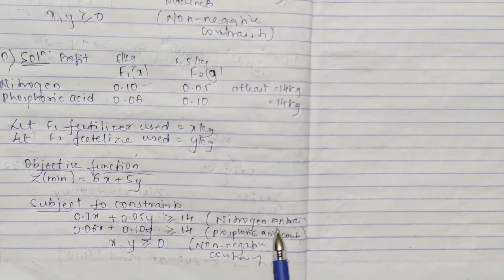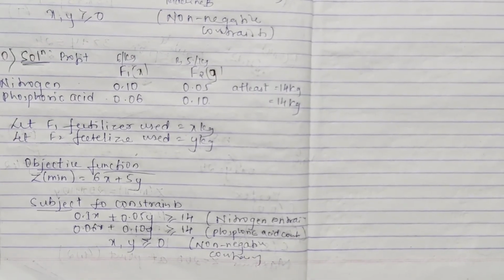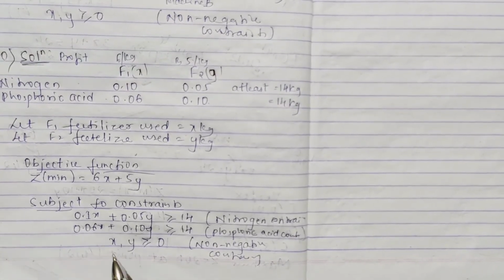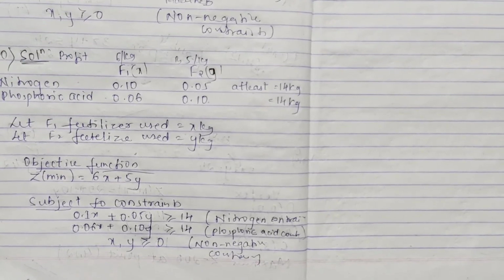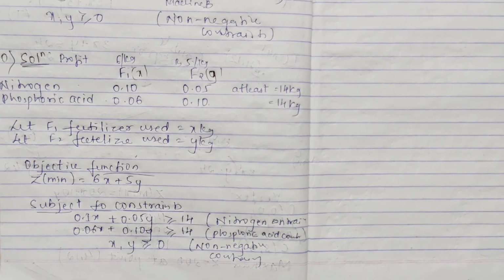Even this you have to write, though they have not given it: x and y are non-negative constraints. So we have the constraints and the objective function.